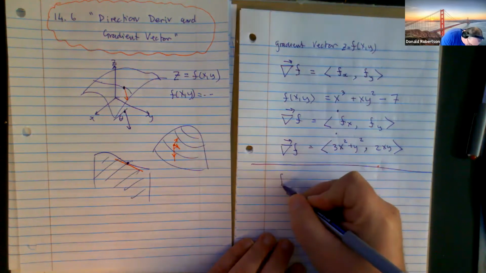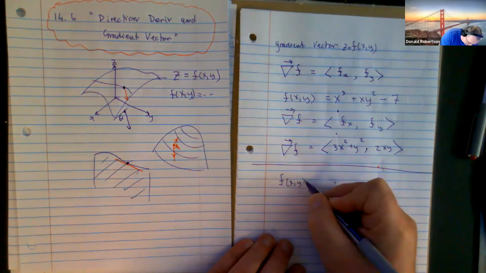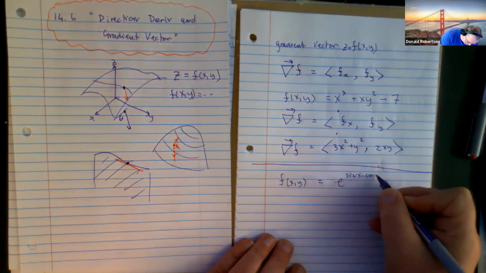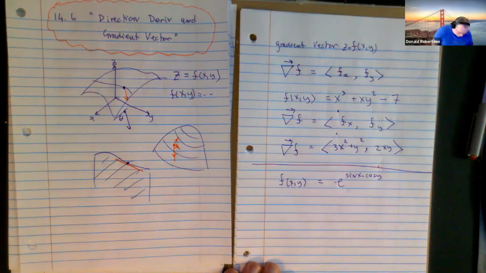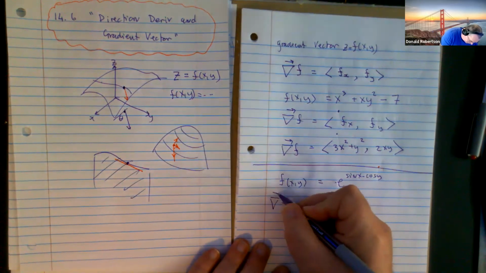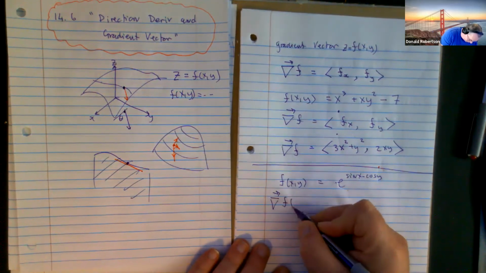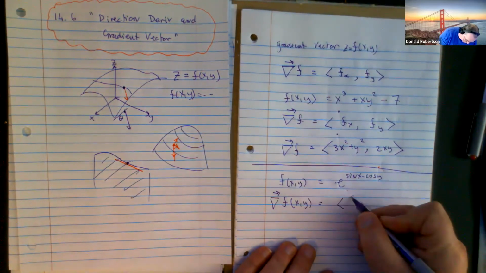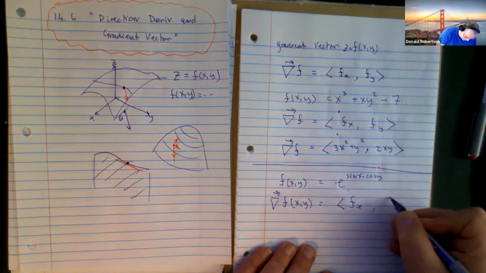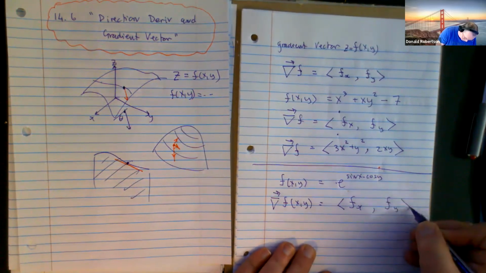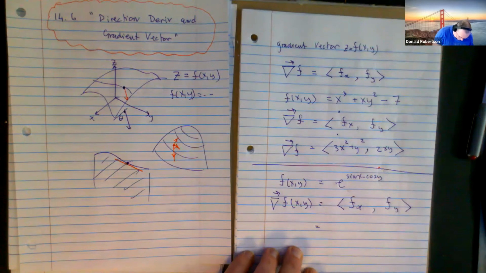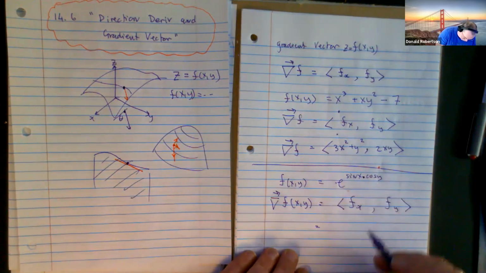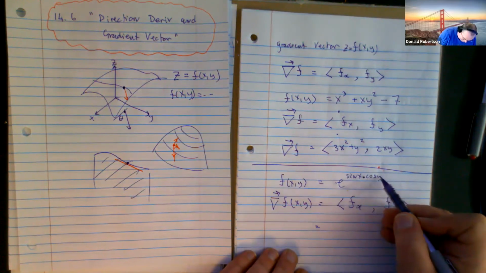Suppose I give you a function, e to the sine x cosine y, and I want to find its gradient vector. Now it's the partial derivative with respect to x, the partial derivative with respect to y. If you differentiate this, and by the way, that's a multiplication, it just looks weird, but it is sine x times cosine y.